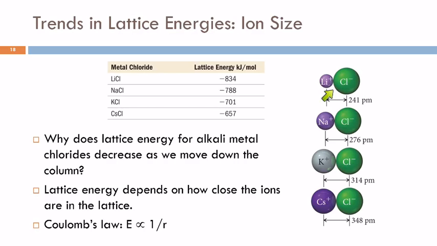When we increase the distance from 241 up to 348 picometers, that's like adding pieces of paper between the magnet and the fridge. The force of attraction is less. The lattice energy is the energy that's released because of the lowering of potential energy due to the attractions. So larger ions, lower attraction. Does that make sense?